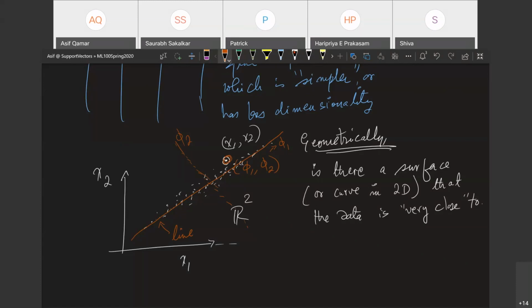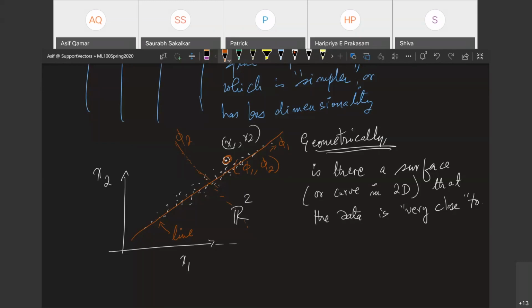I just rotated the coordinate system in such a way that now the first axis, the new x-axis, which I'm calling phi1, is closest to the data. Most of the data is close to that. And then phi2 is perpendicular to it, and it gives you a little bit of the variation. It captures that.